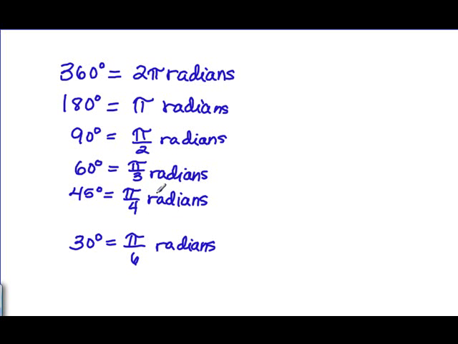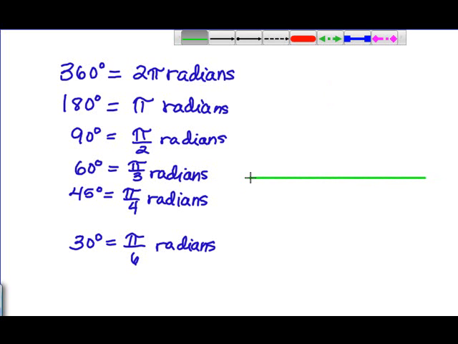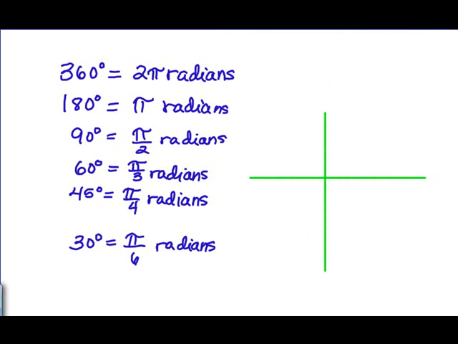So let's say I wanted to draw some of these angles, so let me go to my line here. If I wanted to draw an angle that is 180 degrees, or rather pi radians, I would start from my initial side and have a rotation of pi radians, which would take me to the other side of the x-axis.